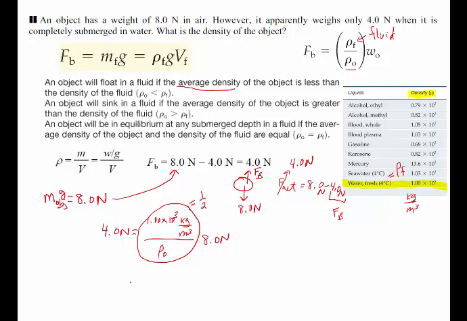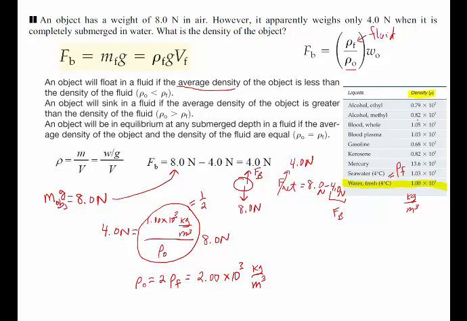And so that tells me, without having to do more algebra, just conceptually, that the density of my object must be twice the density of my fluid. And so that means it's 2 times 10 to the third kilograms per cubic meter.